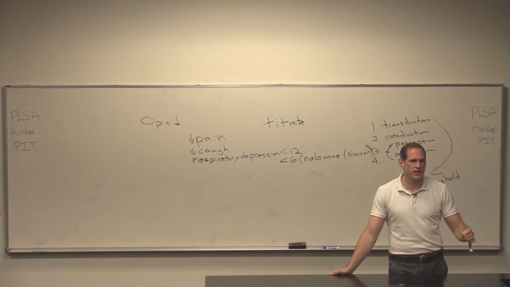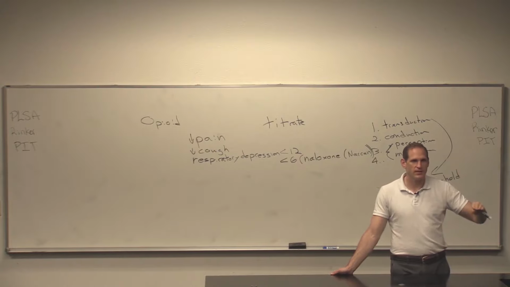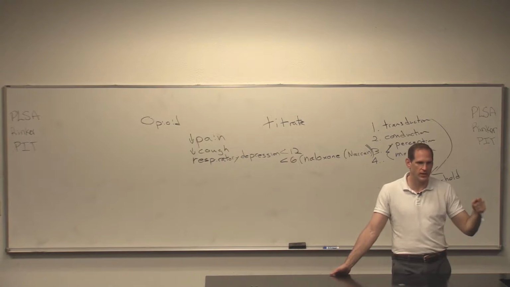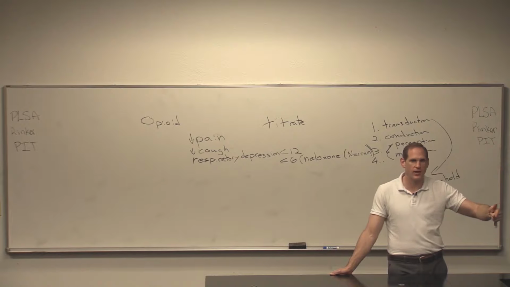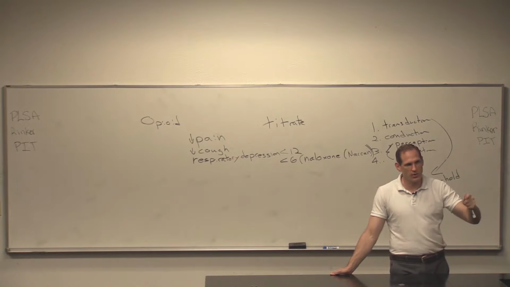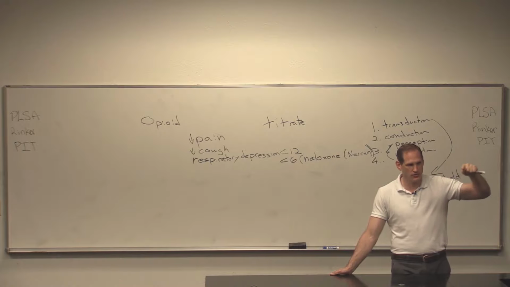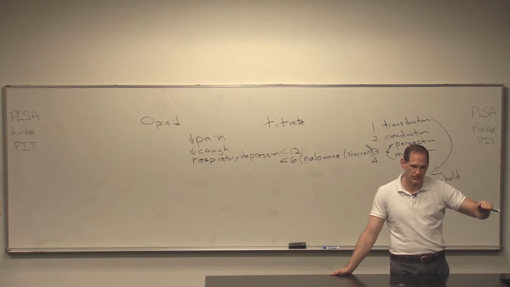With pediatrics, it's much more dangerous. They have a lower threshold for becoming respiratorily depressed than you do with adults. The more someone has taken opioids, like a person who's been on them chronically or an addict, typically they're going to have a much higher tolerance for the drug. So it'll take higher levels of the drug to make them respiratory depressed.